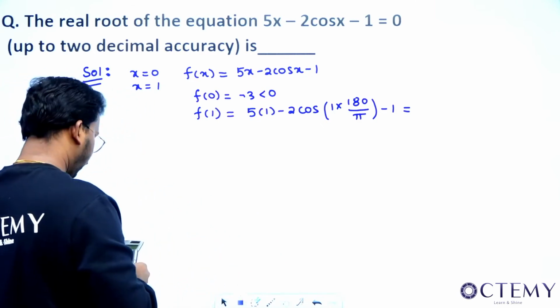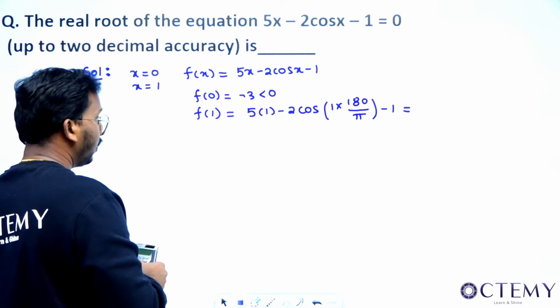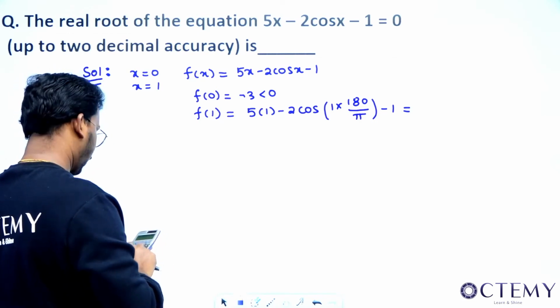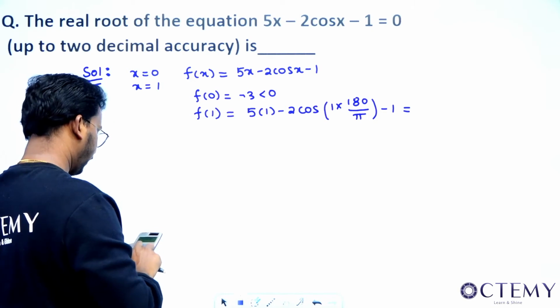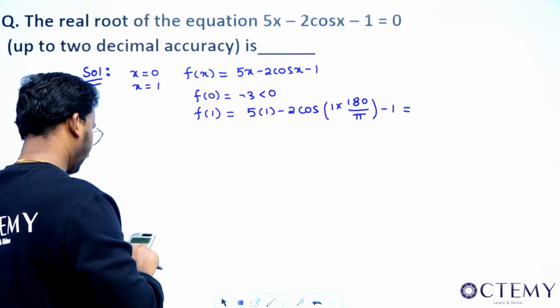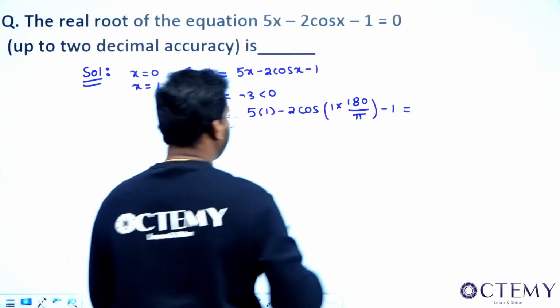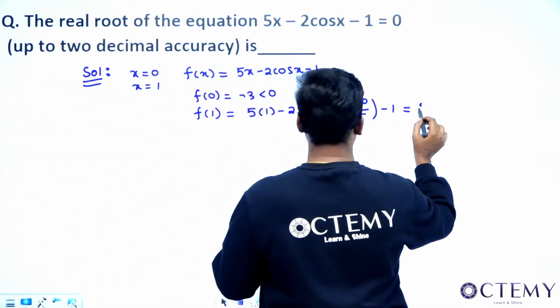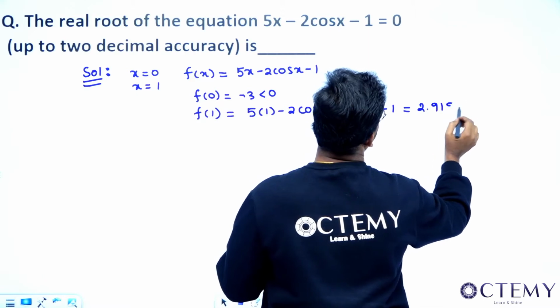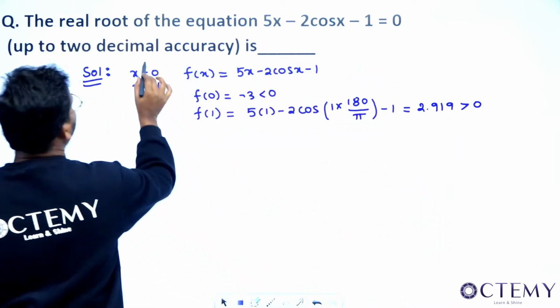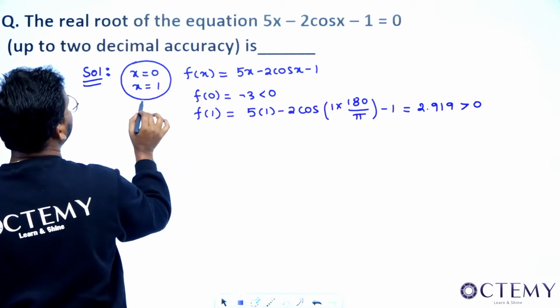This will come up to 5 minus 2 into cos 180 divided by pi, minus 1. This is coming up to be a positive value, sir. This is 2.919, which is greater than 0. Definitely there will be a root existing between 0 and 1, but I want to do it much nicer, sir.